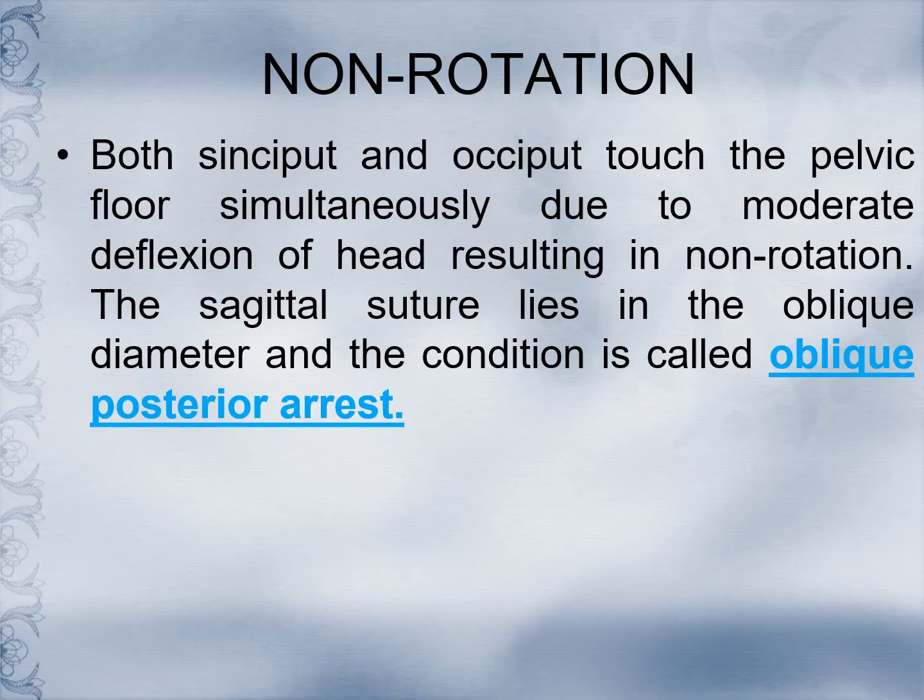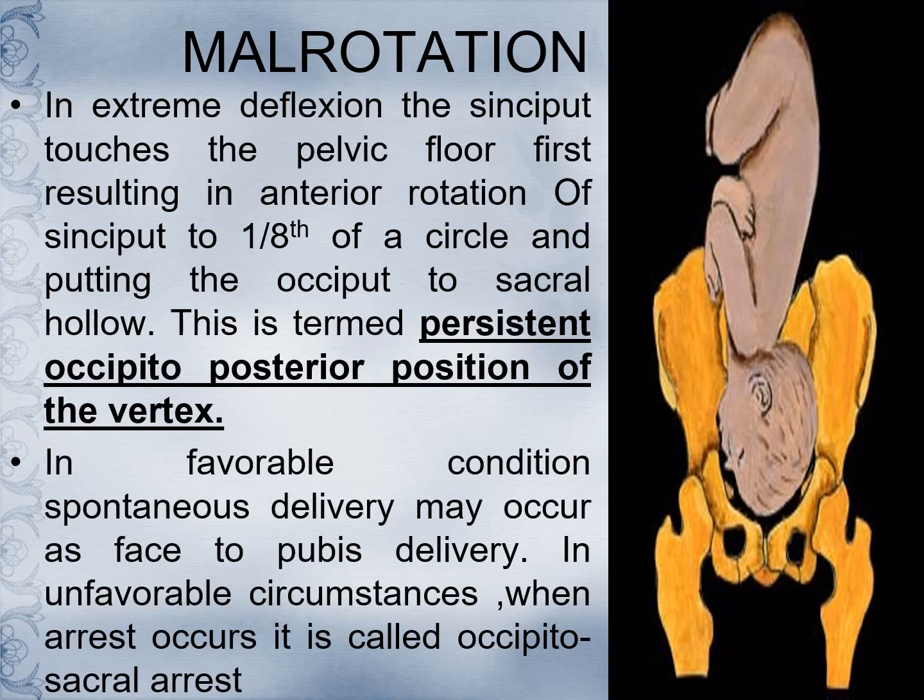Next one is non-rotation. Both sinciput and occiput, both the front and back portions, touch the pelvic floor simultaneously due to the deflection of the head. That leads to the non-rotation. The sagittal suture lies in the oblique diameter and this condition is known as the oblique posterior arrest. Next is malrotation.